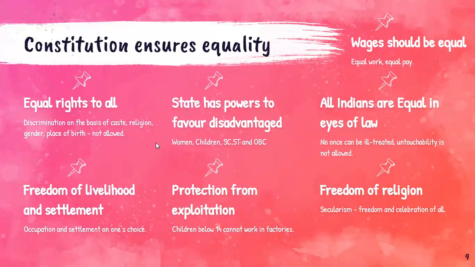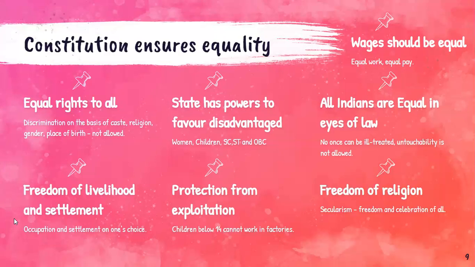Now, how do they ensure it, students? You might have often heard people say, oh, I want to go to court. So how can someone just go to court? Can you go to court for anything? No, you cannot go to court for anything, but you can go to the court on behalf of the rights that have been mentioned in the constitution.